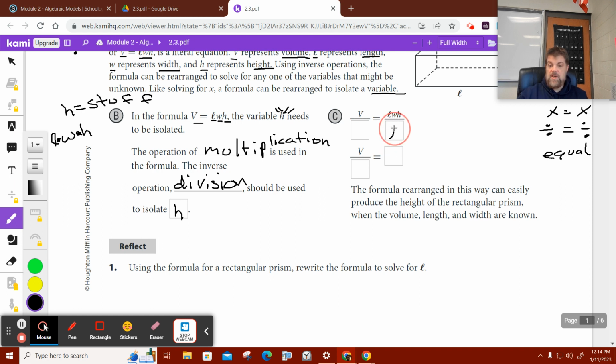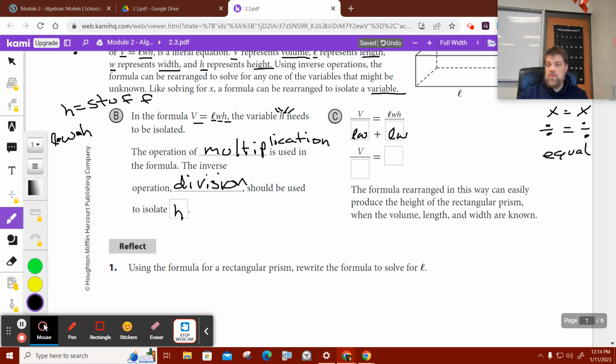So over here, I'm going to put L and I'm going to put W. I could do it all at once. Now, whatever I do on one side, I have to do to the other. Now, this doesn't say it in your textbook. I'm going to write this down.